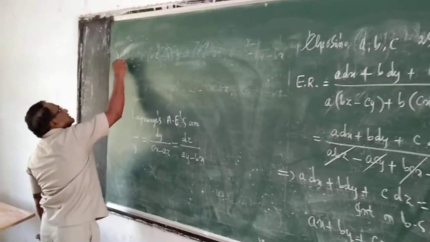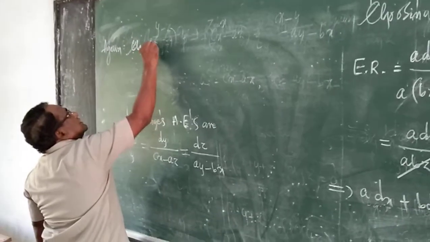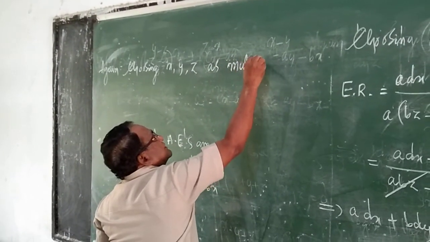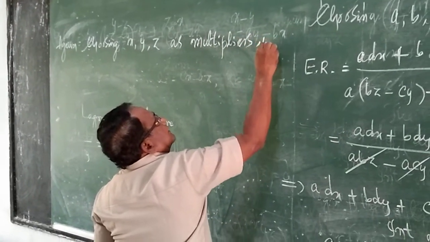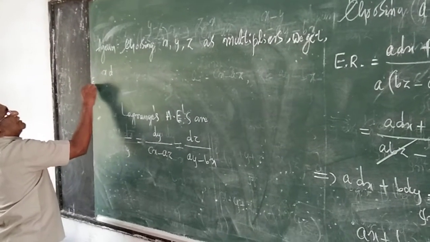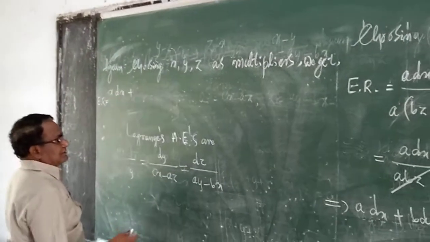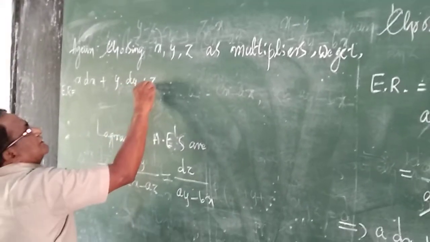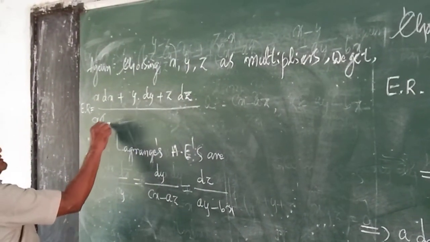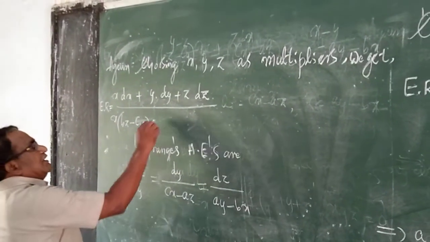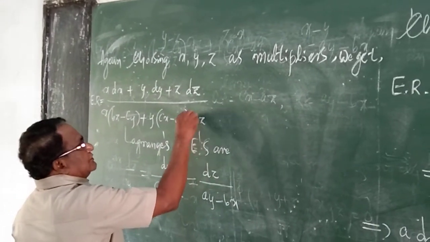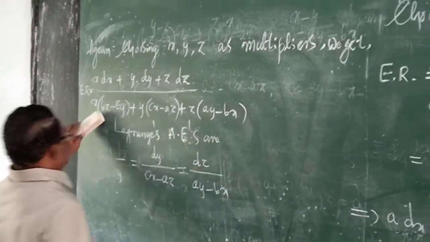Choosing again x, y, z as multipliers, each ratio is equal to x into dx plus y into dy plus z into dz divided by what? x into the first term bz minus cy, plus y into the second term of the denominator cx minus az, plus z into ay minus bx.